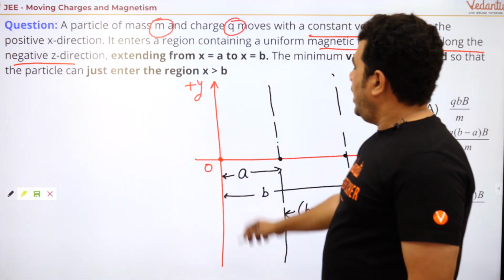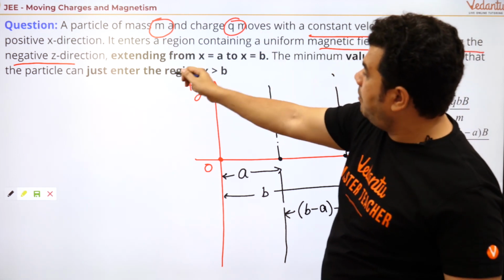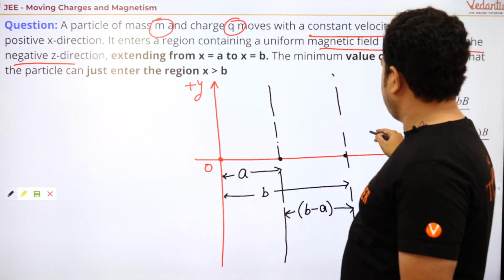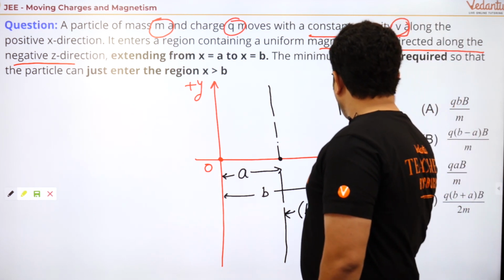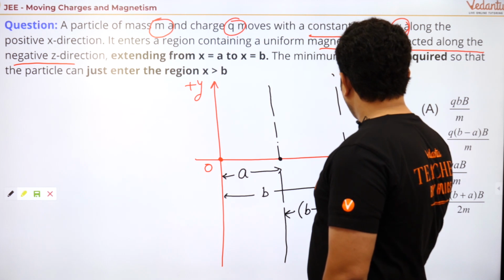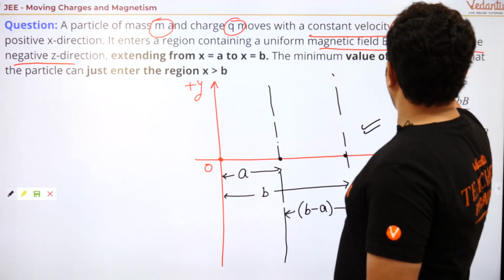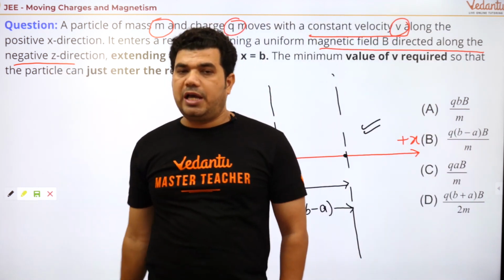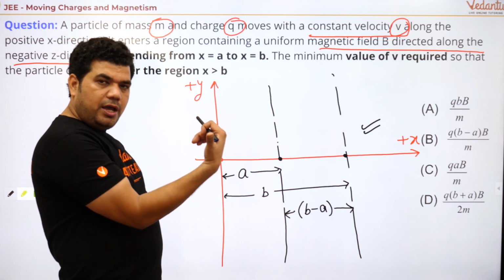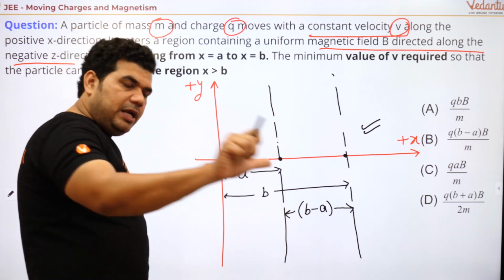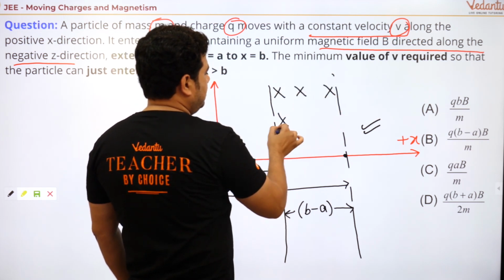You can see here, extending from A to B, the minimum value of v required so that the particle can just enter the region x greater than B. And the direction of magnetic field be directed along the negative z direction. Where is the negative z direction? X cross Y, positive z is here, negative z is inward direction, so the magnetic field is like this.